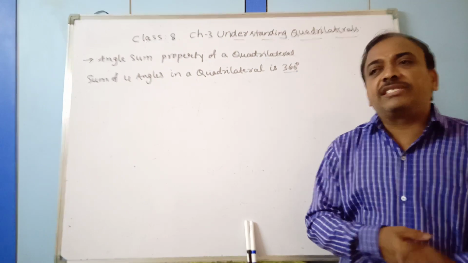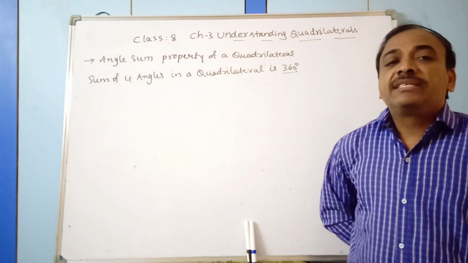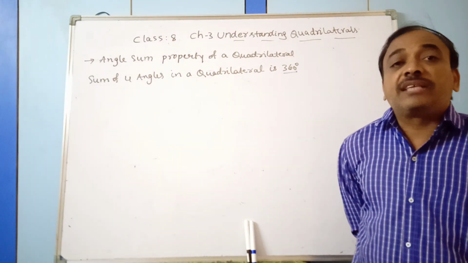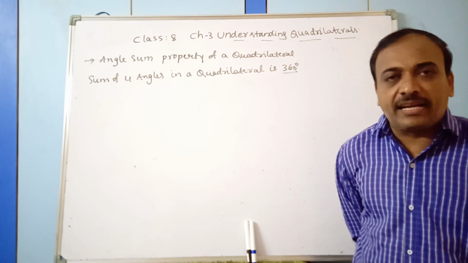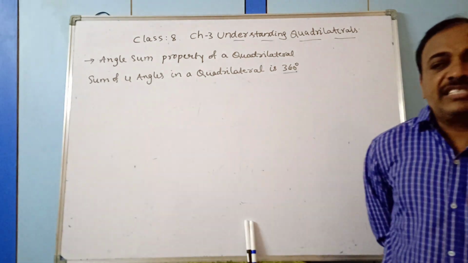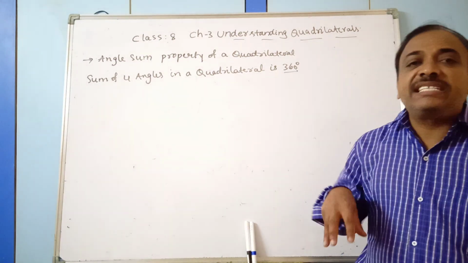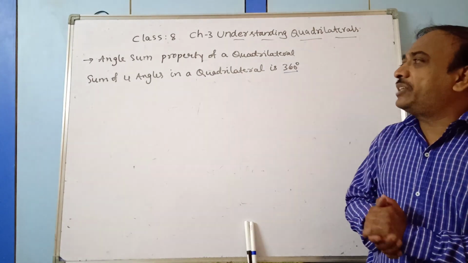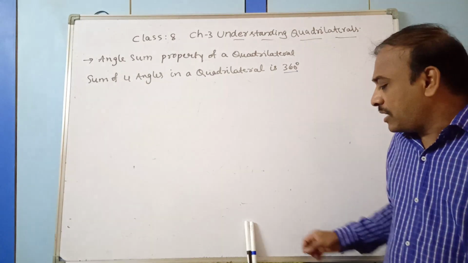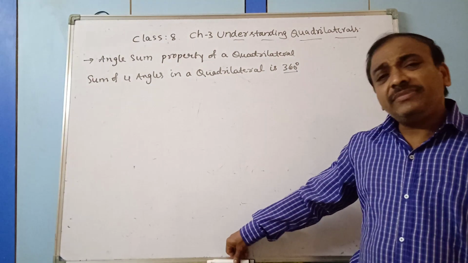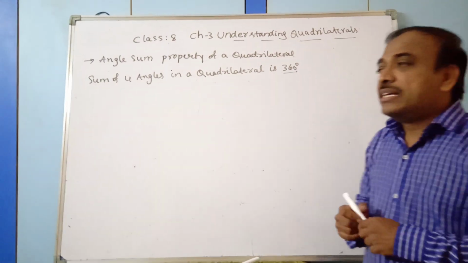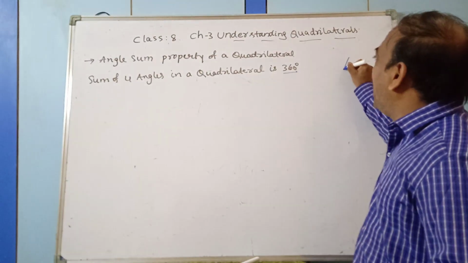So in today's session we are going to discuss the sum of the angles of a quadrilateral, which is 360 degrees. How is it going to be 360 degrees? In class 7th we have learned the sum of the three angles in a triangle.